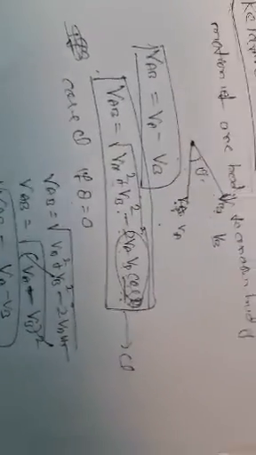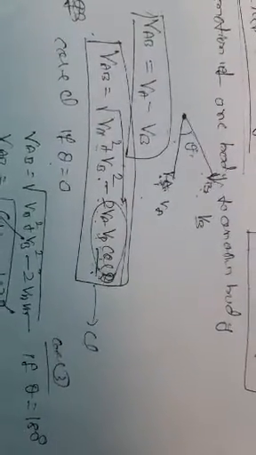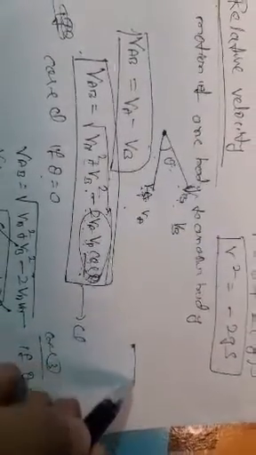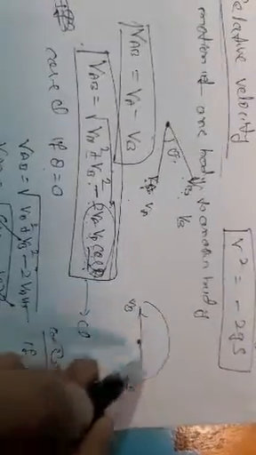And the third case, case number 3. If theta is equal to linear, that means 180 degree. See this position, this is the direction of VA, this is the direction of VB, first particle, second particle. What is the angle? That is 180 degree.